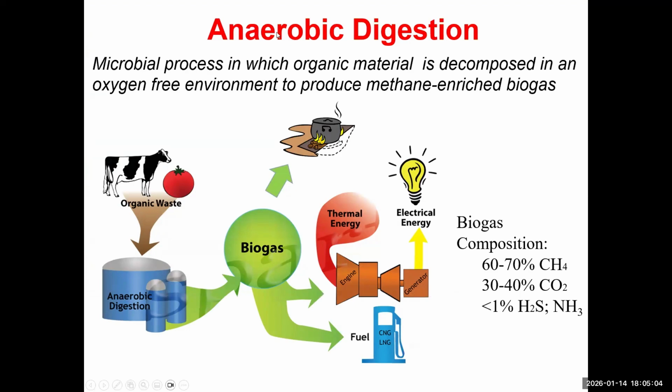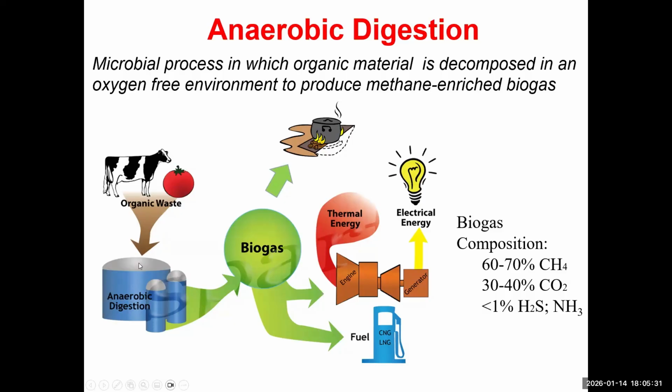You can see that it contains the word aerobic, and aerobic means oxygen rich, whereas anaerobic means oxygen free or having an oxygen depleted environment. Now, microbial process means that these are tiny living organisms like bacteria or archaea, and they are involved in the digestion process.